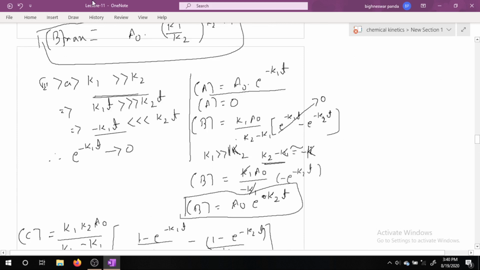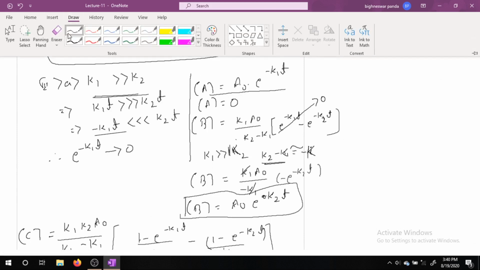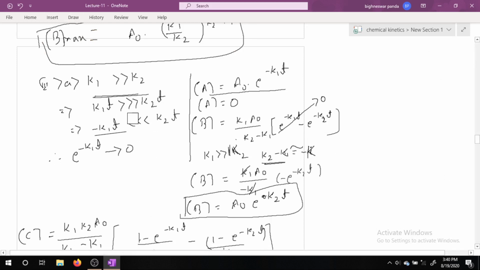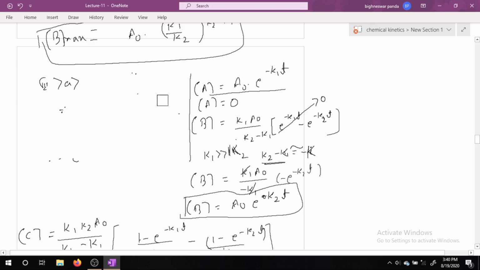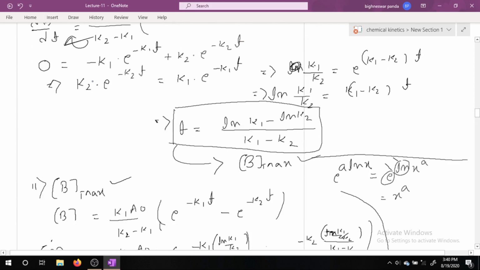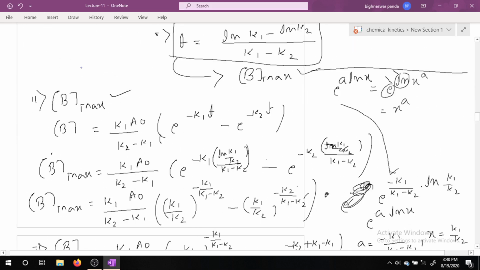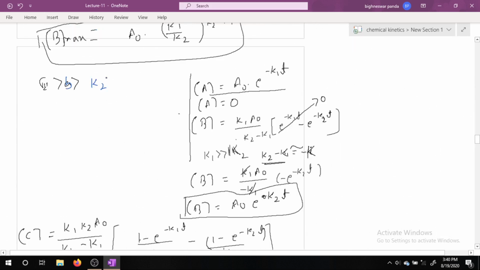Now the criteria B, where k2 is very great. K2 is very much greater than k1.